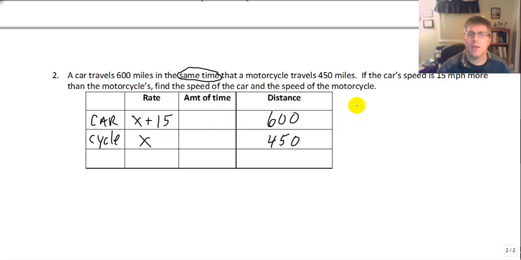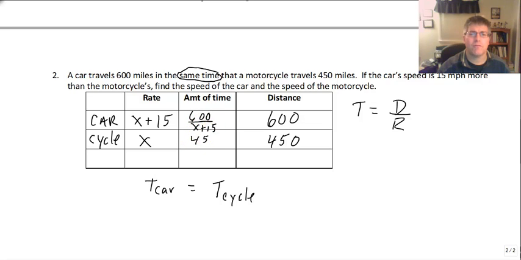So our times are the same, so we're going to solve for time, and time is distance over rate. So we know that the time of the car will equal the time of the cycle. And time is distance over rate. So 600 divided by x plus 15 will equal 450 divided by x.